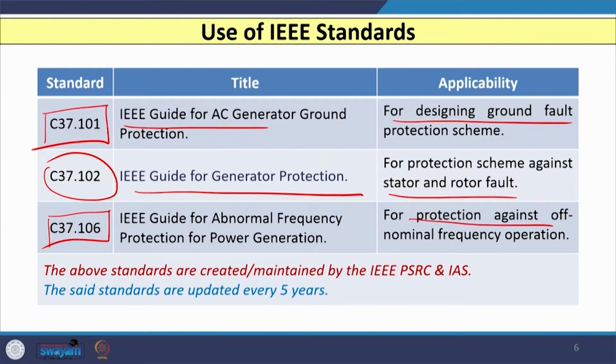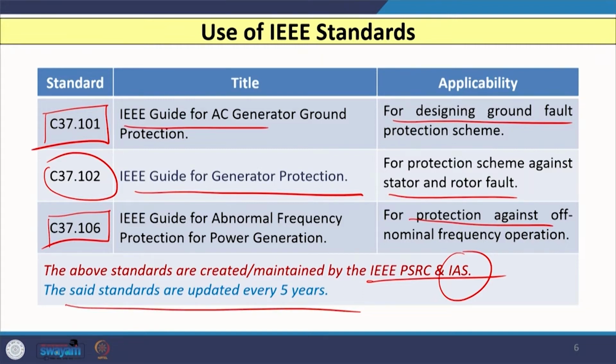So, when we have under frequency or over frequency, we have to refer to this IEEE standard, and all three standards are created and designed by the IEEE Power System Relaying Committee and the IEEE IAS Committee, that is Industry Application Society Committee, and the above standards are usually updated every 5 years.